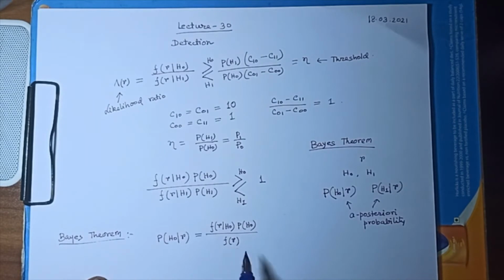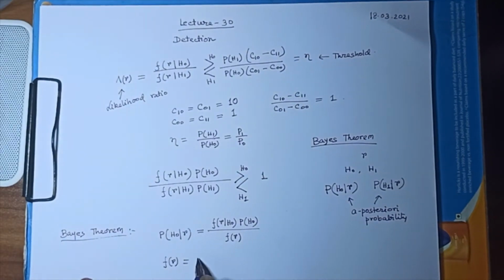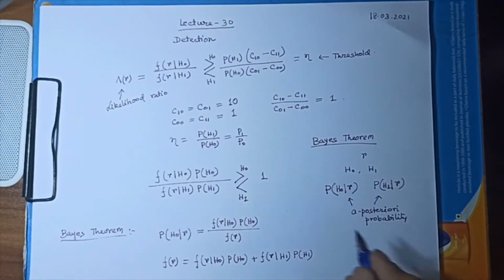Now you can compute f of R also from these values. So f of R can be computed as, so R can happen from two different hypotheses. Either H0 happened or H1 happened. So I can write them as f of R given H0 into PH0 plus f of R given H1 into PH1. So you can see that if you know the prior probabilities, what are the prior probabilities?